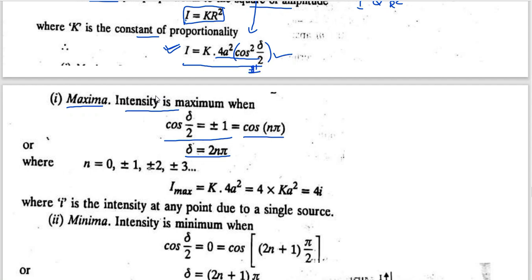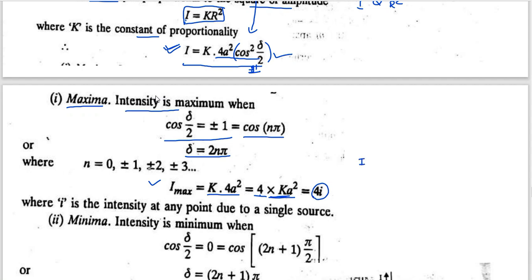So what is the I max? It equals 4 into k a square, because k into 4a square. We put cos delta by 2 equal to 1, and that is equal to 4I. What is I?